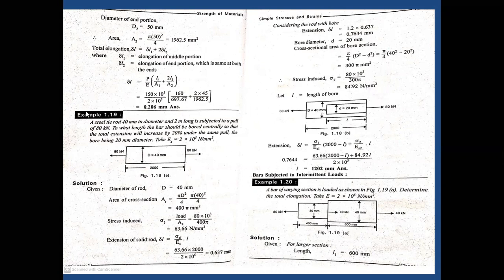So the total extension delta L equals sigma by E. The length will be 2000 minus L. We need to calculate the delta L for this portion, and along with the whole portion, sigma by E into L. We need to calculate this portion as well as this portion.